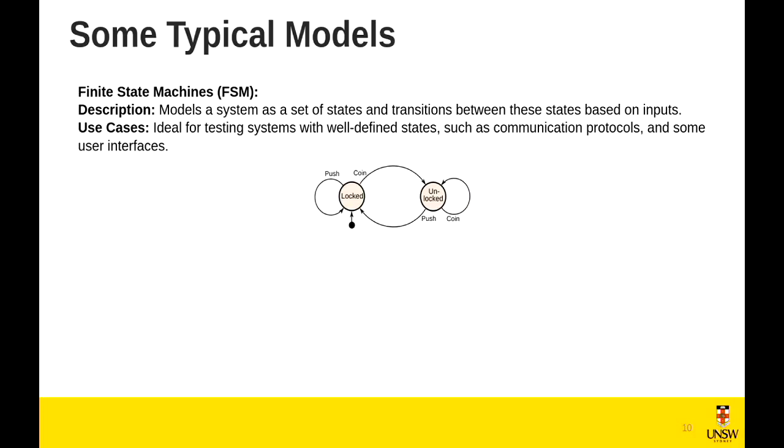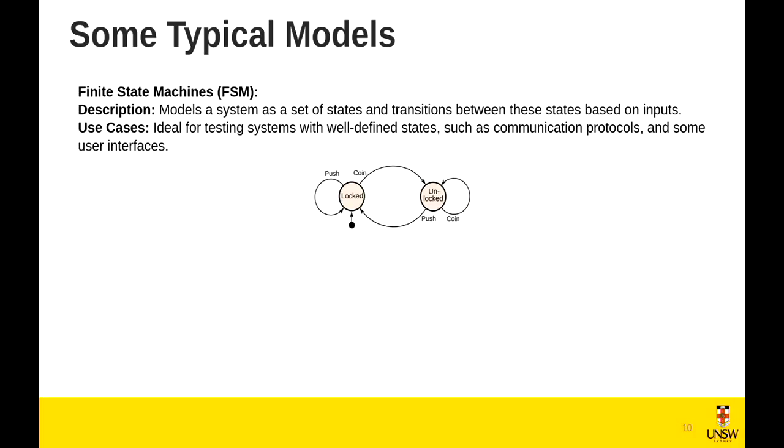And another typical scenario, we can actually use state machines to describe almost any programs we have nowadays. For example, you can use state machines to describe the behavior of a vending machine.